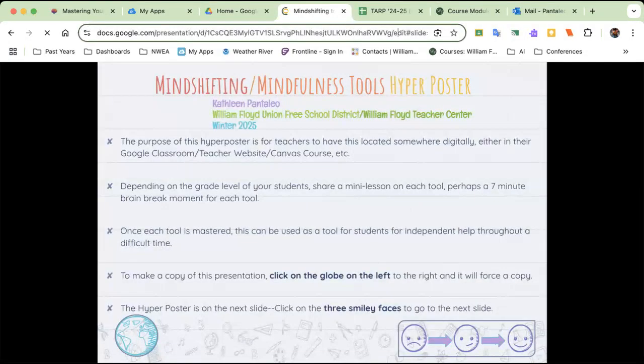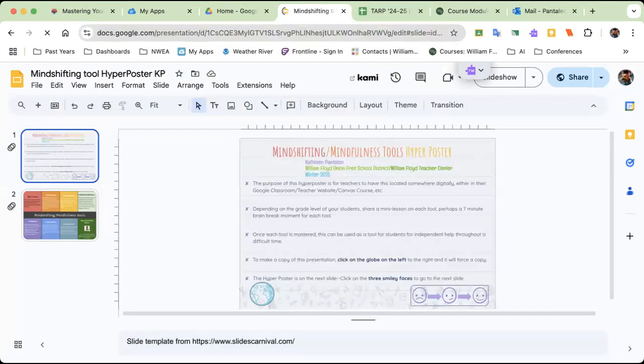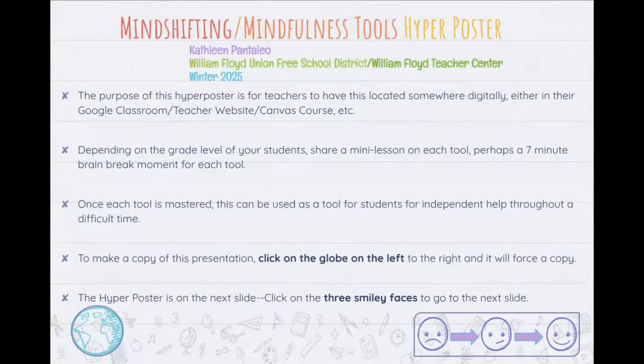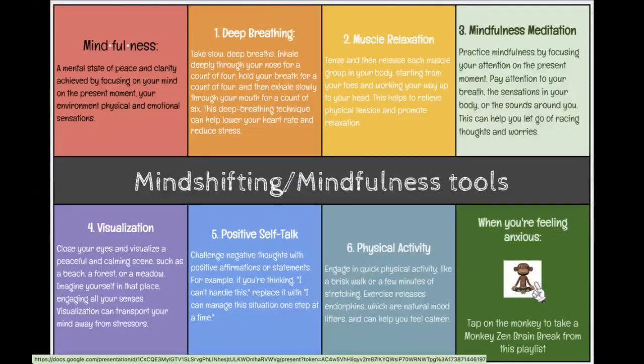So it's loading. I don't know why it's taking so long, but basically, this is sort of a hyperdoc. Back in COVID, when everyone was working from home and not really having a place to keep resources for their kids, they would create a thing called a hyperdoc, where each box would have something clickable, and it would be different resources.